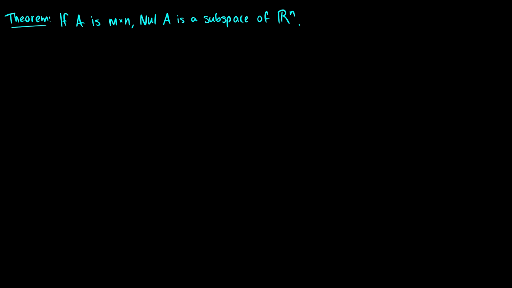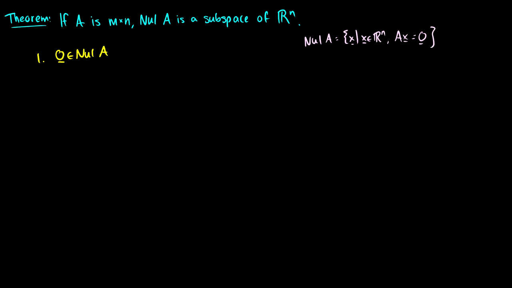Well, first we have to check if 0 is in Null A. So we're saying Null A is a subspace, so we have to show that 0 is in Null A. So how do we do this? Well, remember the null space, I'll write out this definition again on the side. Null A is the set of all x such that x is in Rn and Ax is equal to 0.